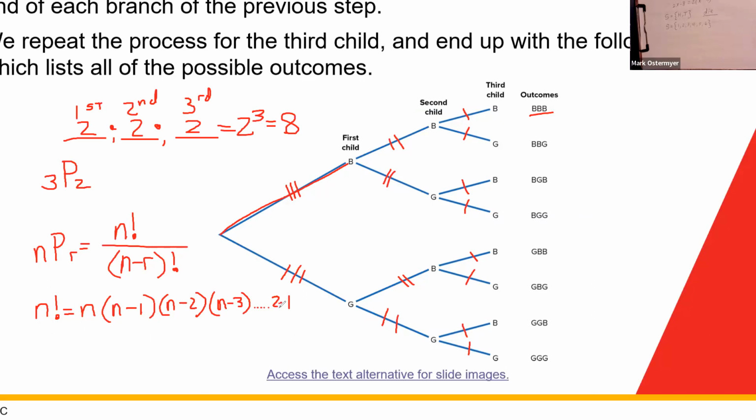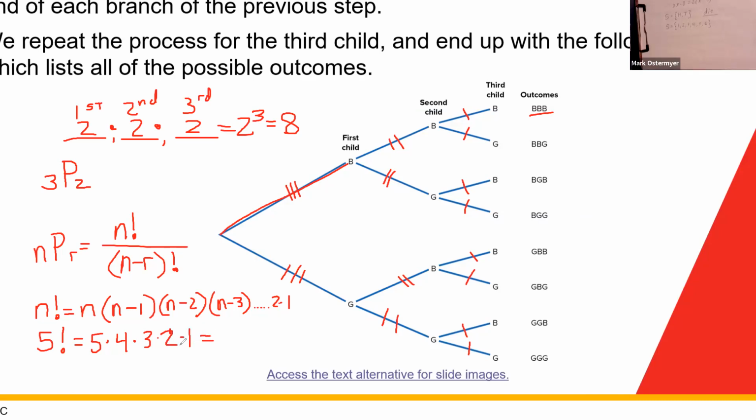Okay, it's called a factorial. So if you look at 5 factorial, if you will. I'm sorry, I called it a permutation. 5 factorial would be 5 times 5 minus 1 or 4 times 5 minus 2 or 3 times 5 minus 3, which is 2, times 5 minus 4, which is 1.